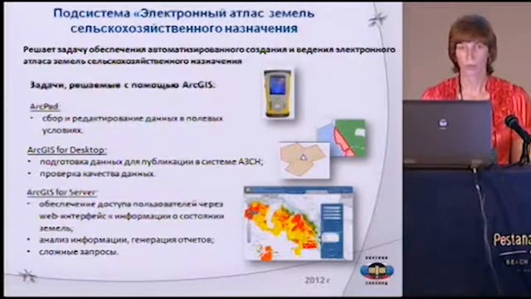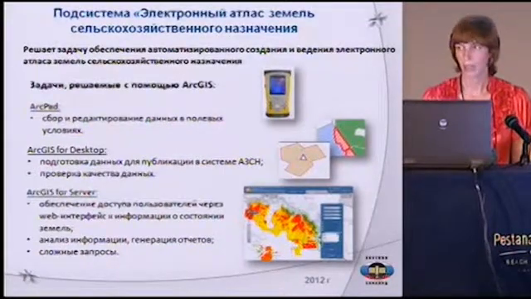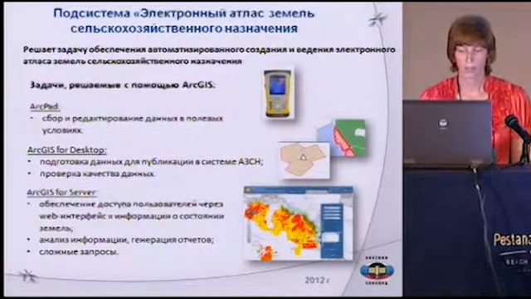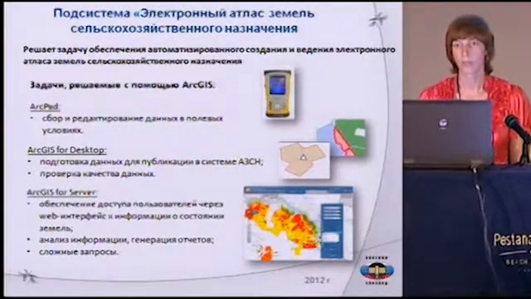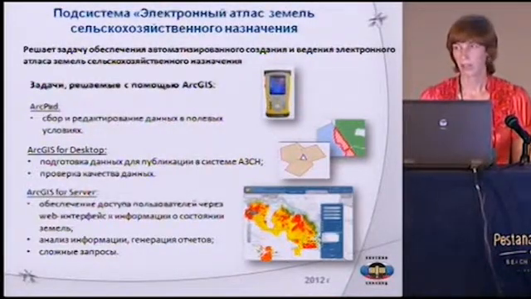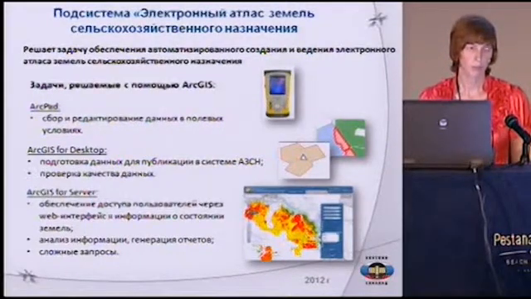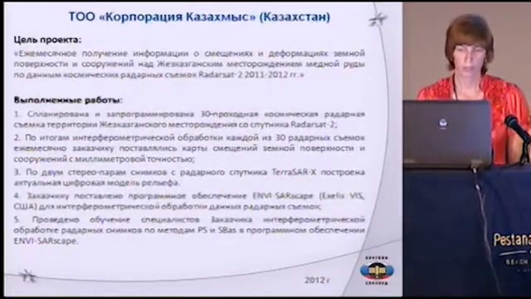There are no gaps between fields, no crossovers, and if any errors are detected, the operator decides how to rectify them. Once the data has been verified, it's published on the portal using ArcGIS for Server application. And all the rest, I mean access, request handling, is all done with ArcGIS for Server.